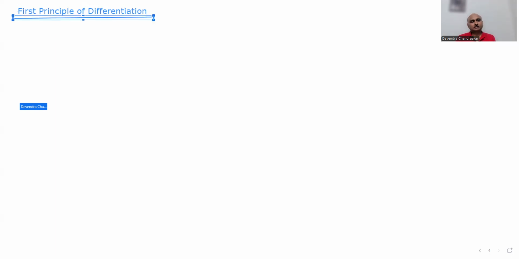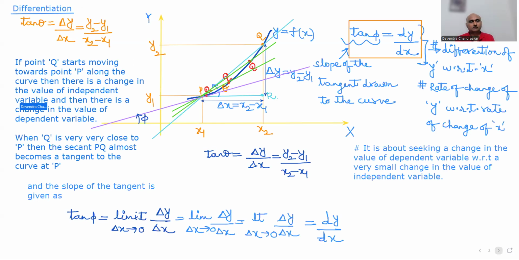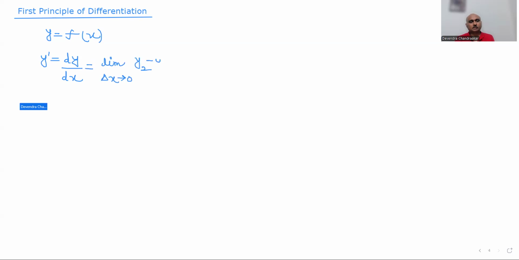We have y as a function of x and we differentiated it. This is y dash or dy by dx, and this is equal to limit delta x tends to 0, y2 minus y1 upon x2 minus x1. You all are aware of it, right?